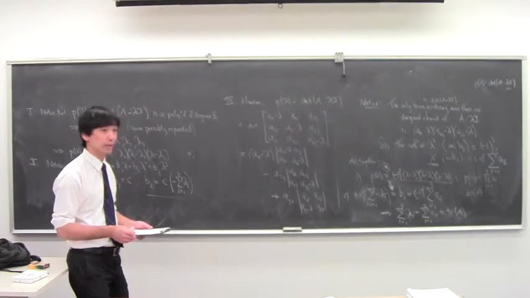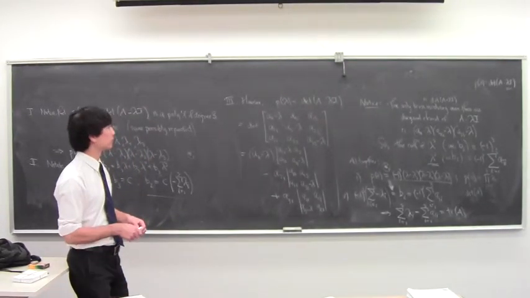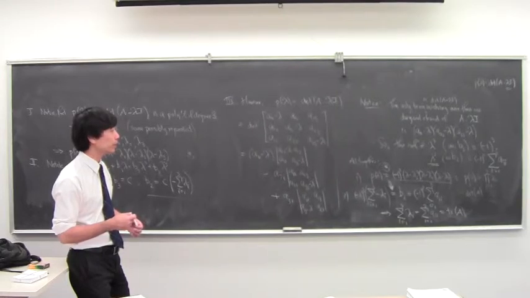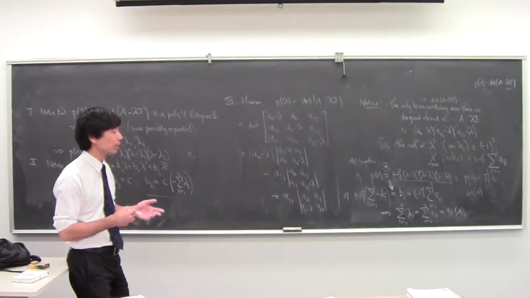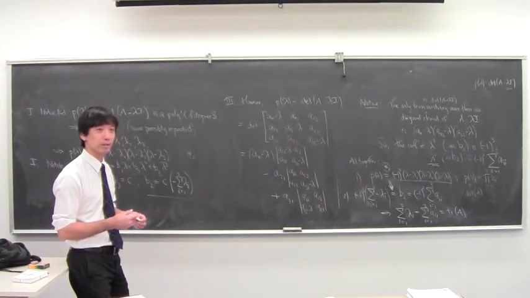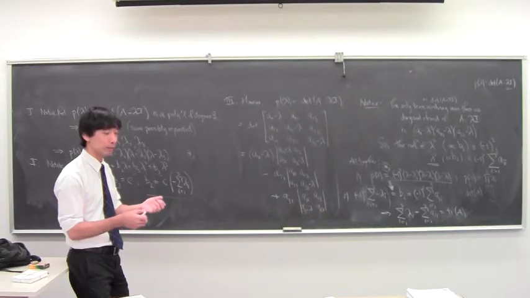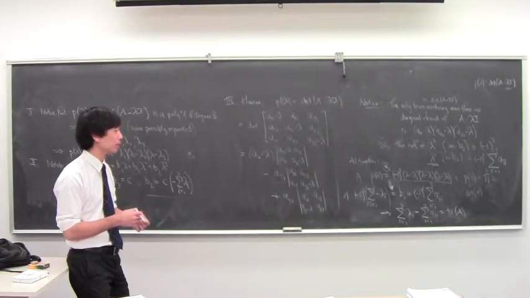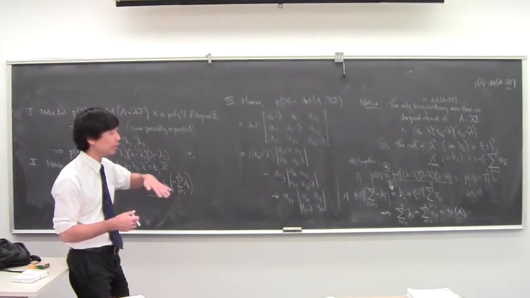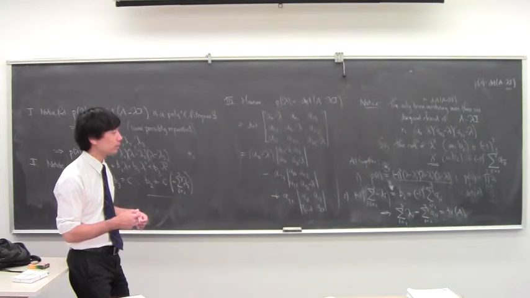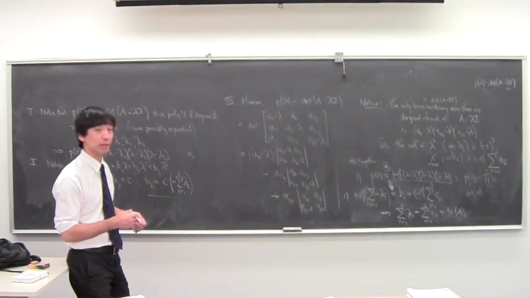Any questions? Okay. So that's pretty cool. The determinant turns out to be the product of the eigenvalues, including multiplicity, including repeated eigenvalues. If they're repeated, you have to throw them in twice or 3 times or however many times. And the trace, the sum of the diagonal elements of your matrix, is the same as the sum of your eigenvalues.